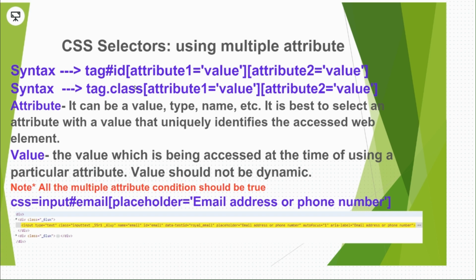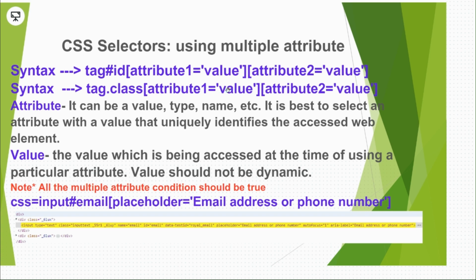And when I say you are not able to locate, it means you are seeing more than one element for this condition. Then you have to add an extra attribute to reduce your search. So the first syntax is tag hash id and then attribute 1 equals to value.